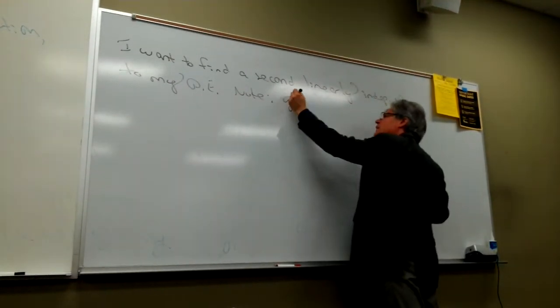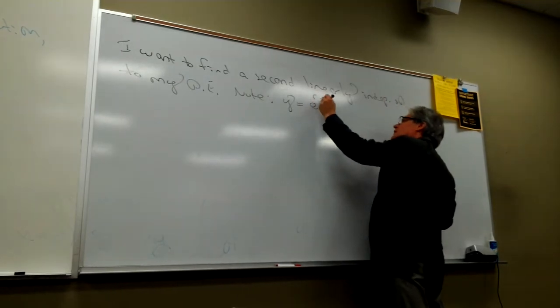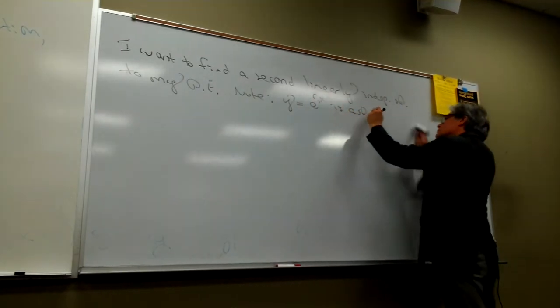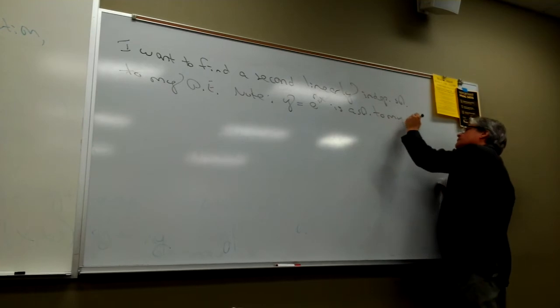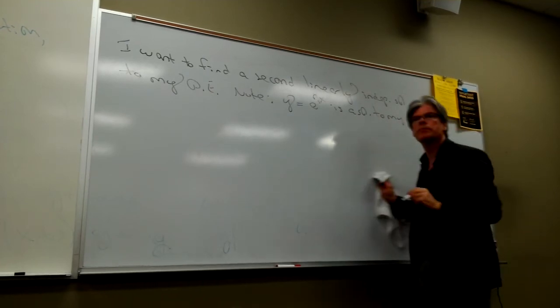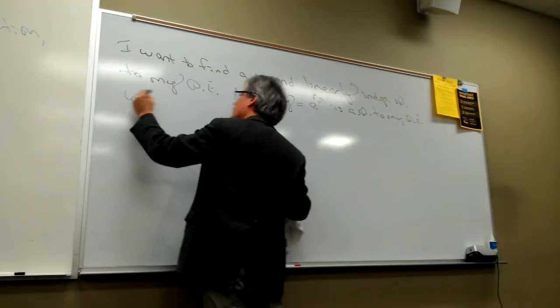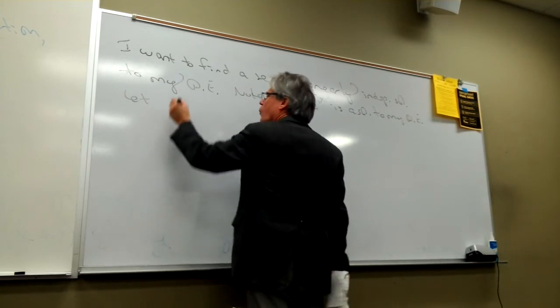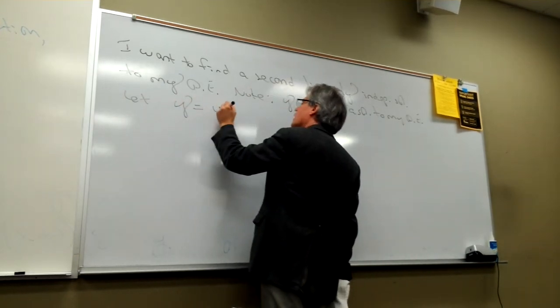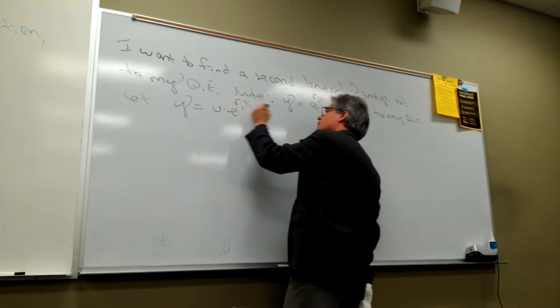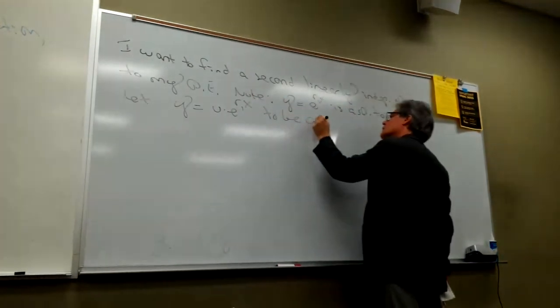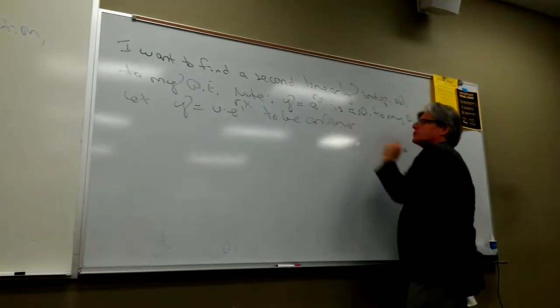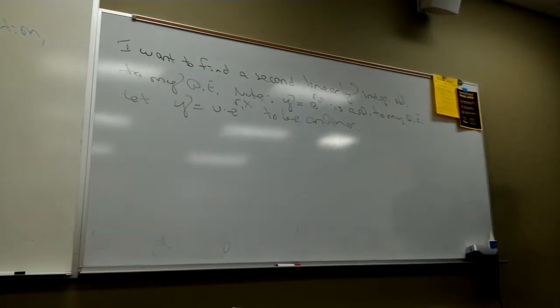I think y being equal to e to the r1x is a solution to my DE. Now let's allow y being equal to u times e to the r1x to be another. And we will find what that function u has to be.